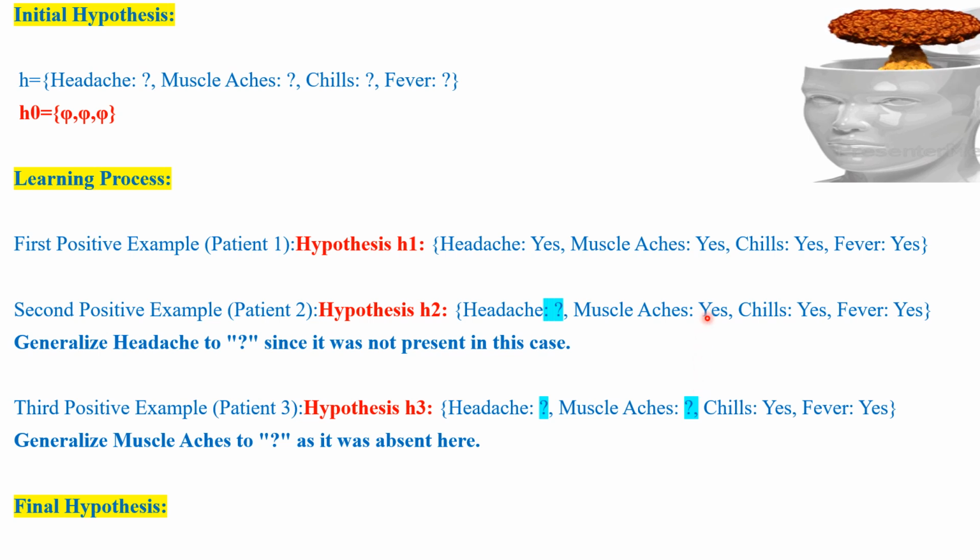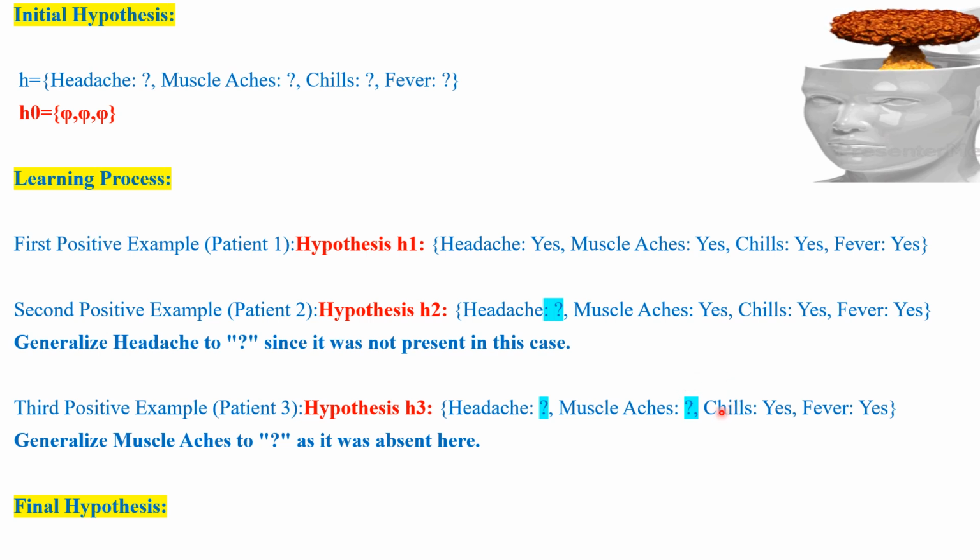So this is not contributing to the prediction of a fever, so that will be converted into a don't care value. So headache and muscle ache are not contributing to the prediction of a fever because they change over the training process of different patient data.